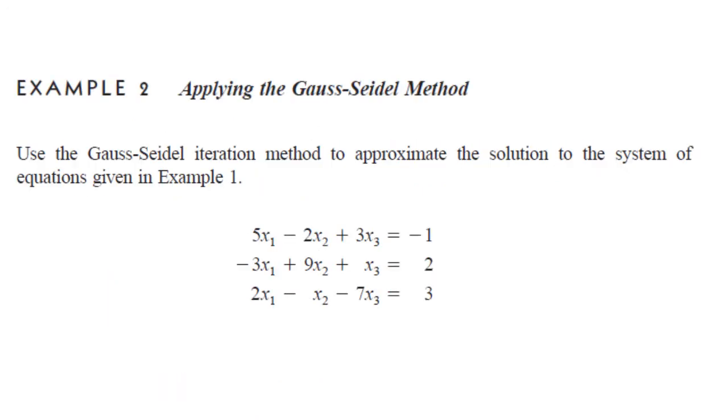So students, let's see an example, and hopefully this will definitely help you find the solution of the linear system of equations using the Gauss-Seidel method. So students, this is basically the same system, not a new system, as you used in example number 1 for the Jacobi method. So let's solve this one.